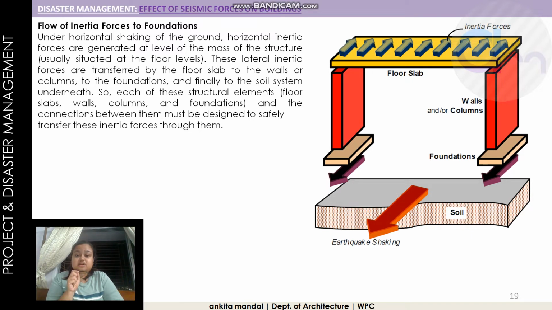Each structural element and the connection between them must be designed to safely transfer the inertia forces, so that the earthquake doesn't cause that much displacement to all parts of the building.